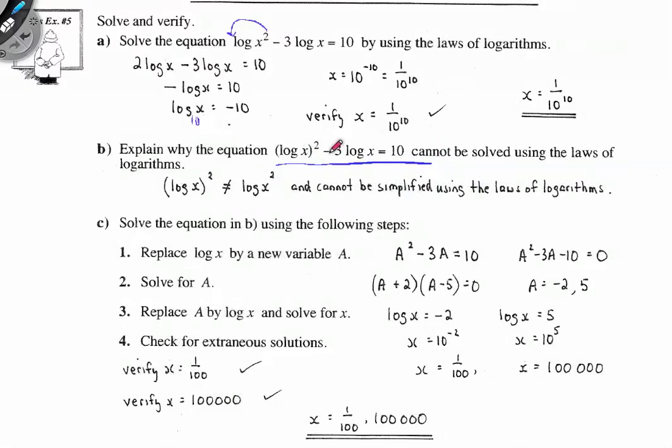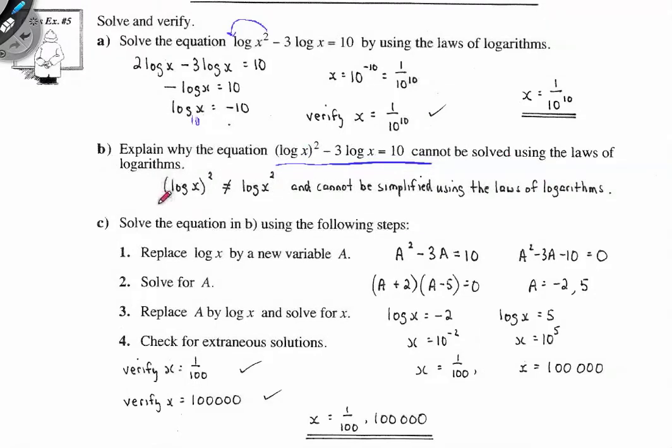Here we have a multiple of log x and a number involved. This question can be solved using quadratics, but it's asking why it cannot be solved using the laws of logs. Well, one reason is because this does not equal this, and therefore it cannot be simplified simply by bringing the 2 to the front.